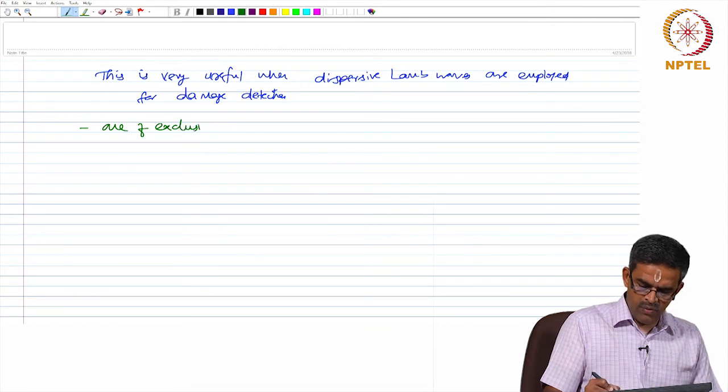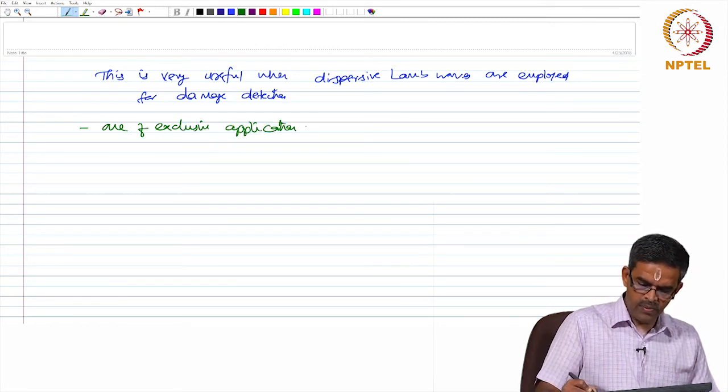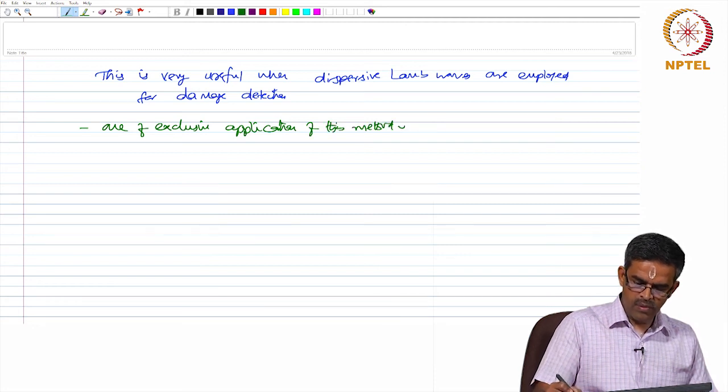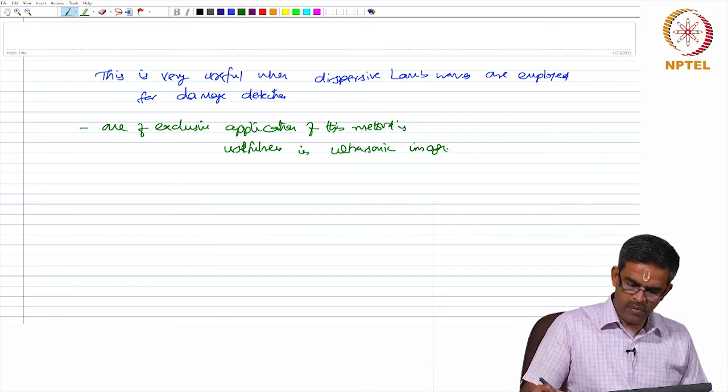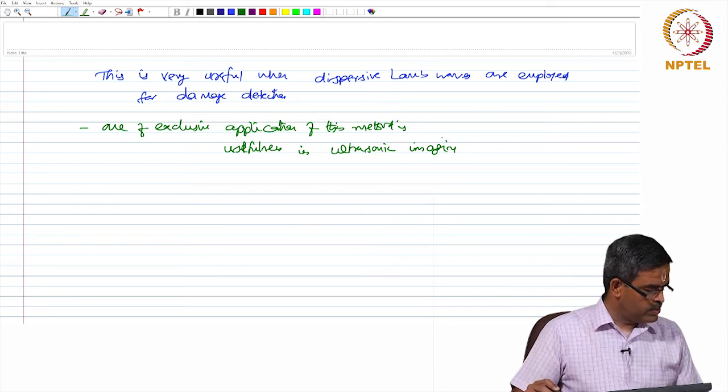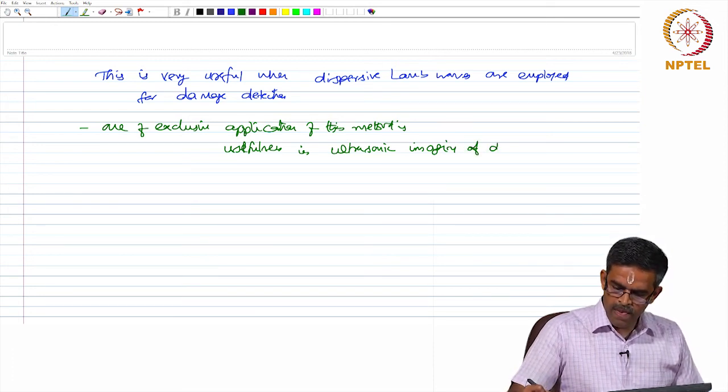The exclusive application of this method is usefulness in ultrasonic imaging of difficult media.